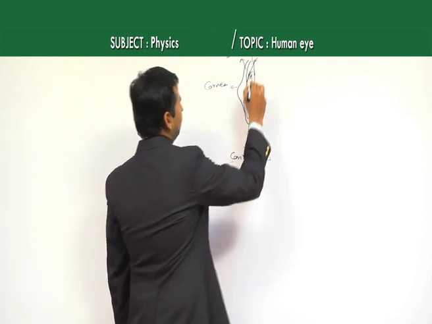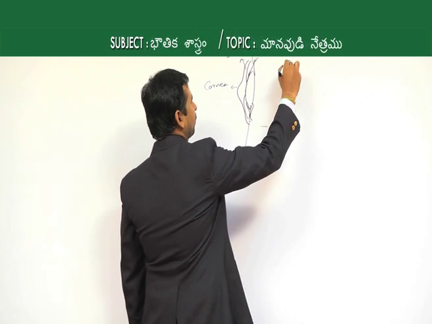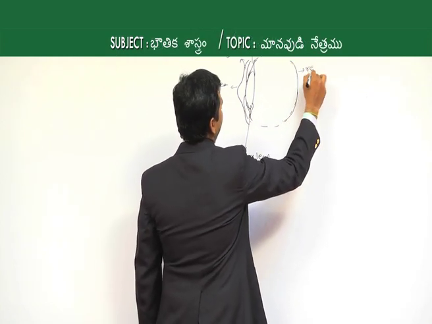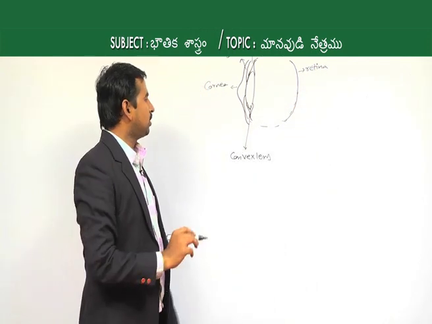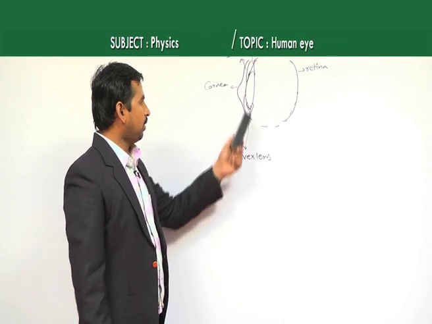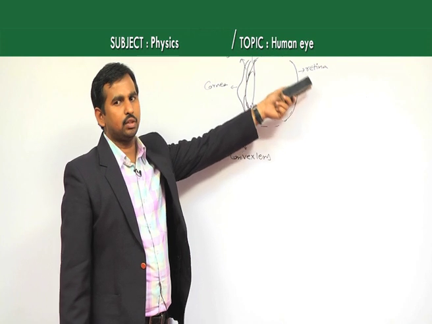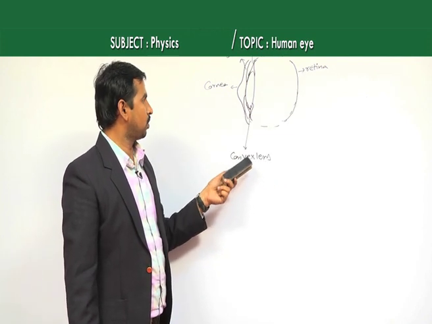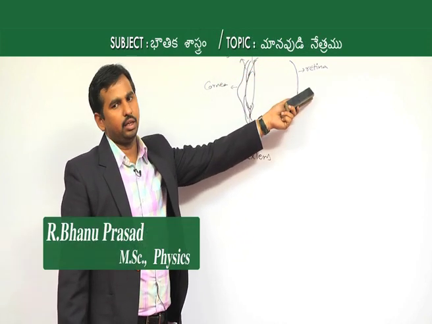Another important part is where our images are captured, which we call the retina. So, these are the main important parts: our eye lens, cornea, iris, ciliary muscles and retina.